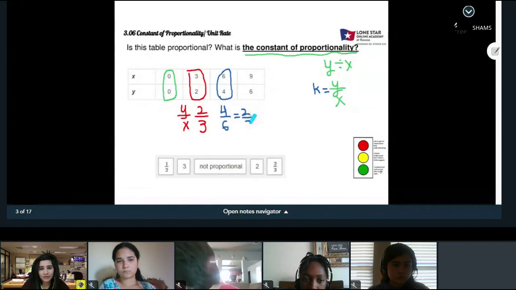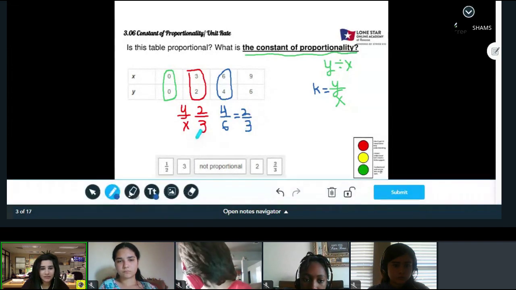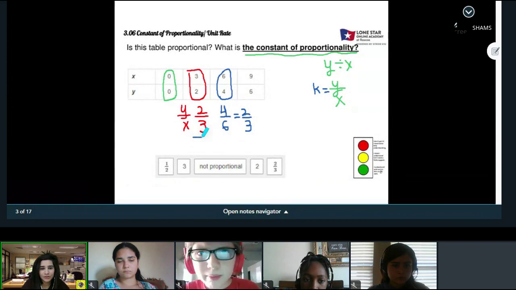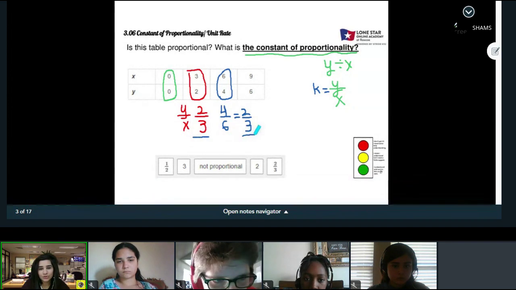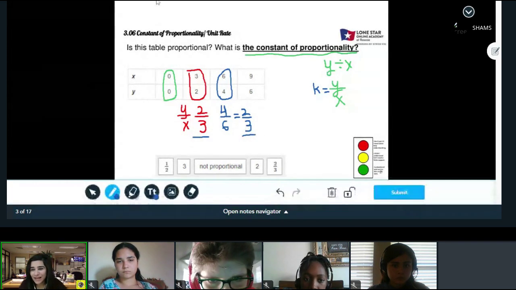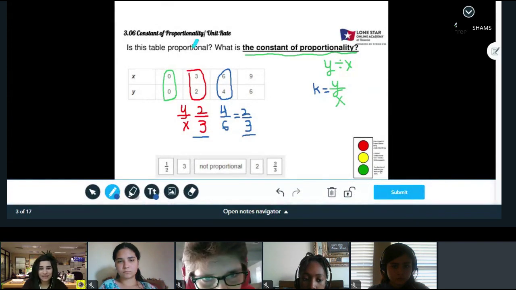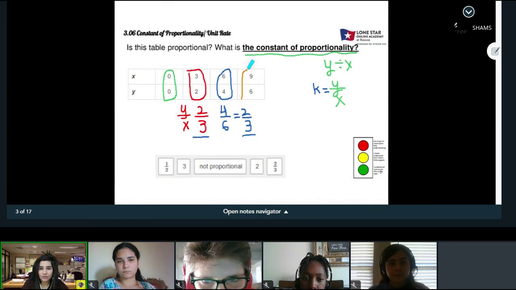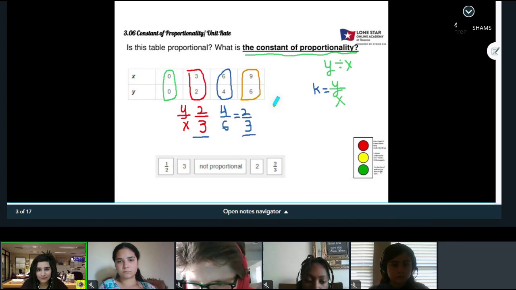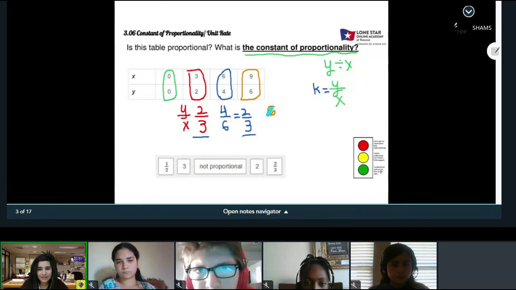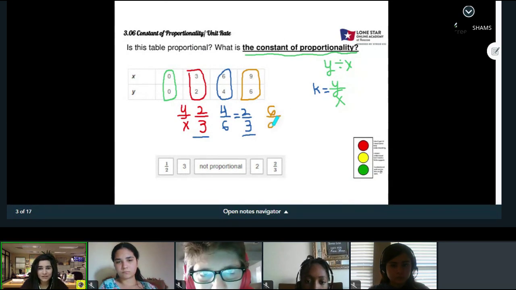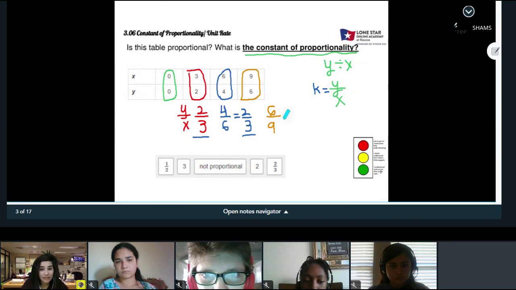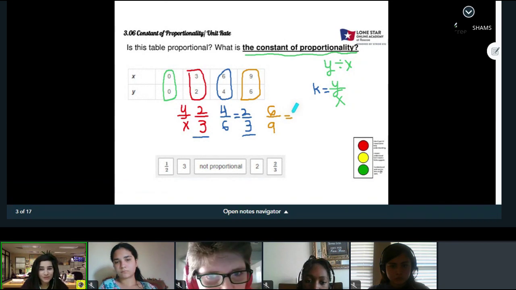So far, I am getting the same answer, 2/3 and 2/3. I will go to the last value and see if it is still working. I'm going to use an orangish color. I will do y, that is 6, over x, that is 9, and I will reduce it by 3. Do I get 2 over 3?